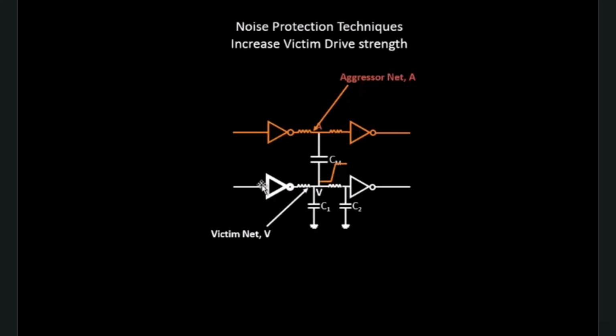So let's try to take this particular scenario and put it in some examples that we have taken in the past. We have done some timing analysis based on some circuits that we have taken.